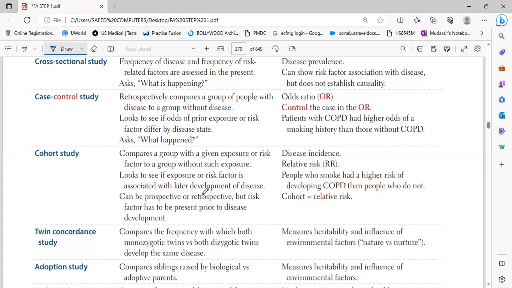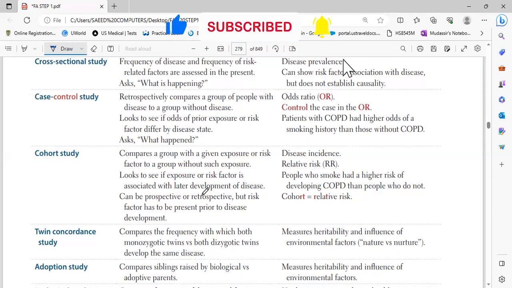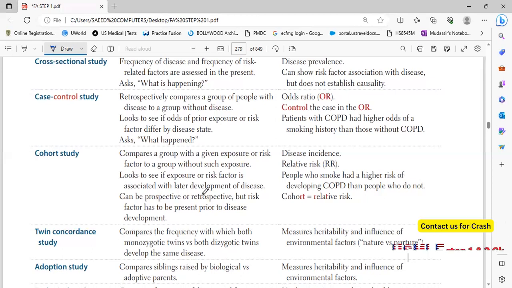Here, the score is the result, the outcome, and you are comparing it with the risk factor. That is called a case control study. For example, the average score in the young adult group was 255, and in the older group the average score was 235. So the score is given, the result is given, the outcome is given, the disease is given.